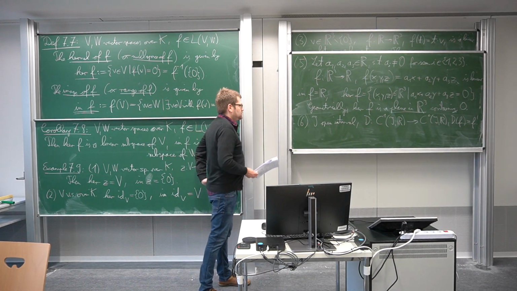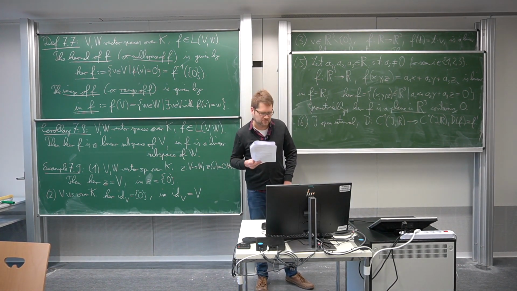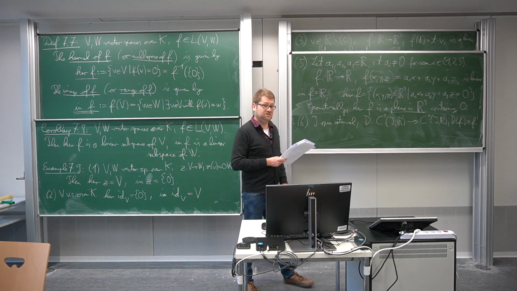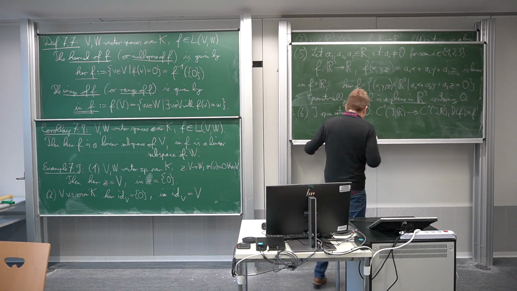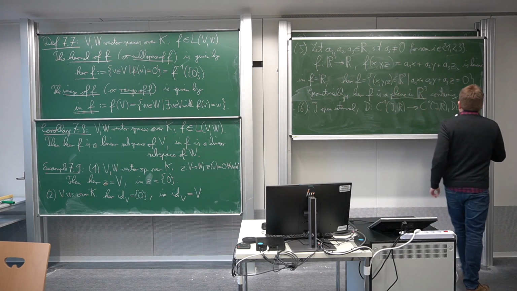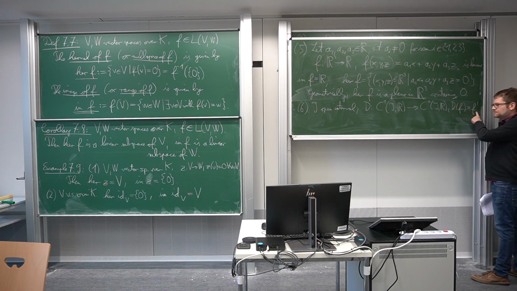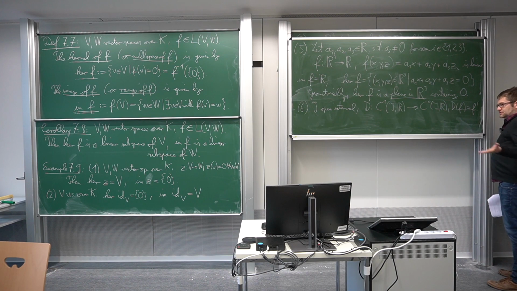And I claim that both of them can be formulated in terms of theorems that we learned about single variable calculus in mathematics 1. Namely, what's the kernel? The kernel of this would be the space of all functions with d of f equal to 0, which means f prime equal to 0. Which are the functions of which f prime is equal to 0? Constantly as a function equal to 0.